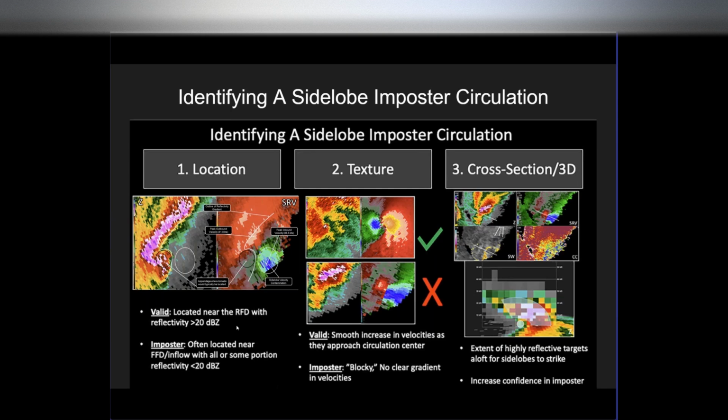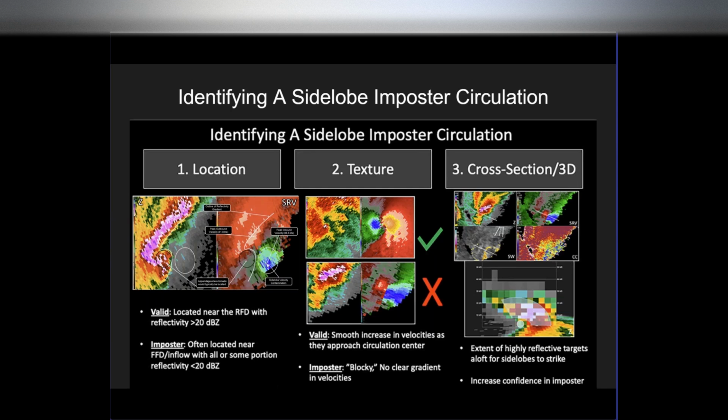Some things you can do if you're looking at stuff and you see red and green next to each other, don't immediately assume, oh, I've got a tornado. It could end up being one of these side lobe contaminations. And again, they happen more than you think. This image here on the left shows that you have this really nice hook echo in the reflectivity. But if you notice, where you would expect to see the circulation would be within that hook echo.